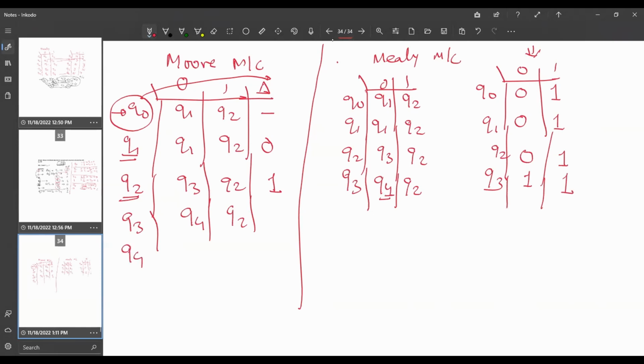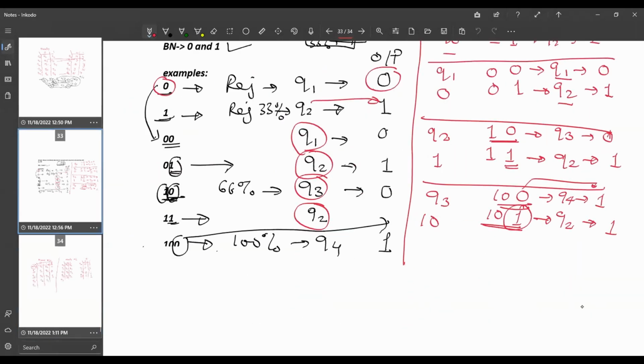Now we have to write Q4. Now is the time to consider Q4. Q4 means the previous inputs were 100, whose output was changed to 1. So 100 are the inputs. We are not converting that bit into 0 in your input string.